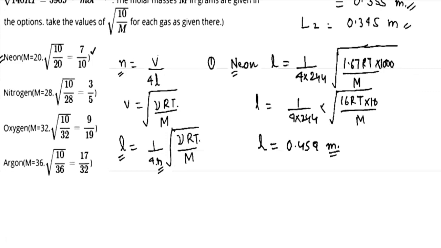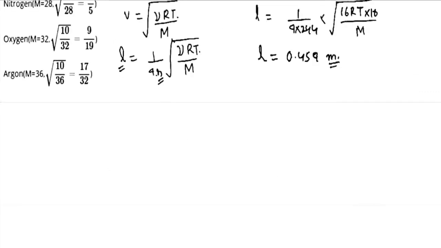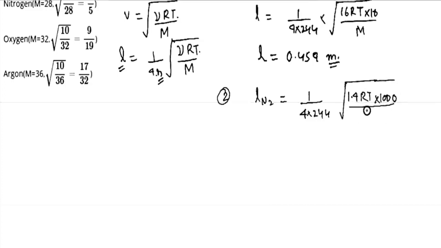Now let's try to find out for different gases similarly. Let's try to find out nitrogen. Now we will directly put the values for nitrogen. So if we put the values, this is 1 upon 4 into 244. Now nitrogen is a diatomic gas, so its gamma will be 1.4, RT into 1000, since the molar mass is in grams.